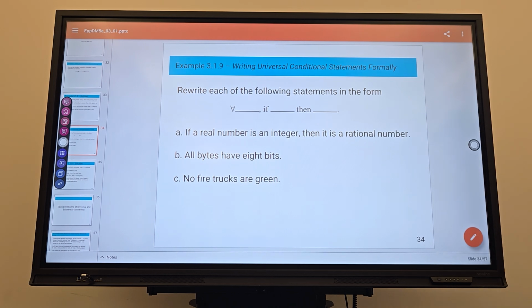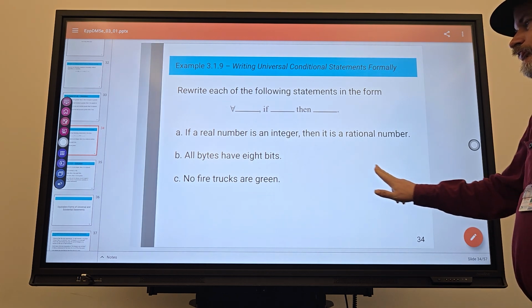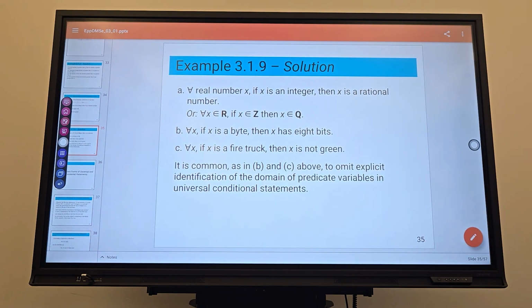For all t, if t is a fire truck, then t is not green. There you go.